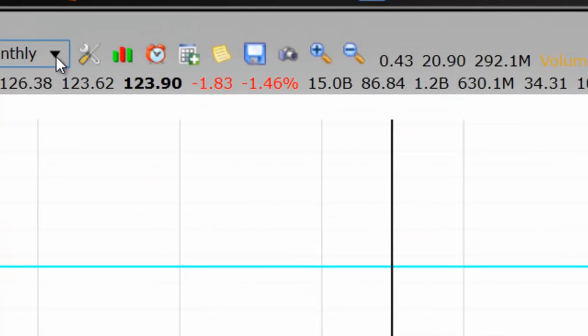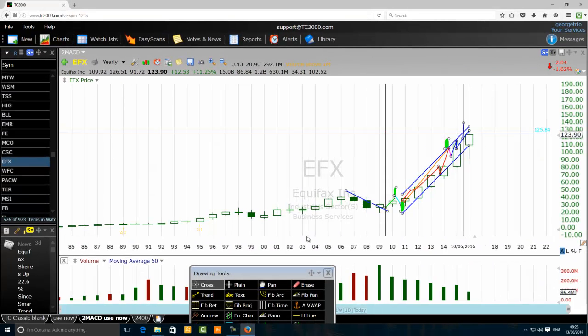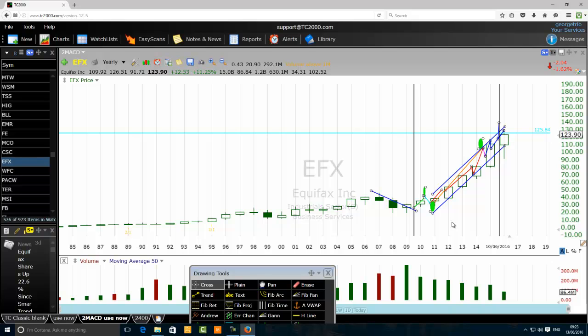So now if you go quickly to the higher time frame, let's go to the yearly chart. You can see that my wave count, though I have seen 1, 2, 3, 4, 5 waves on the monthly chart, those five waves form only one single wave on the yearly chart. So this is the price action that we see on the yearly chart.